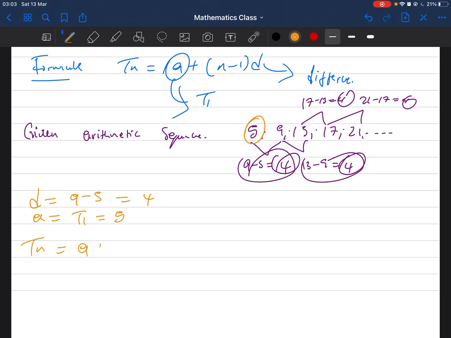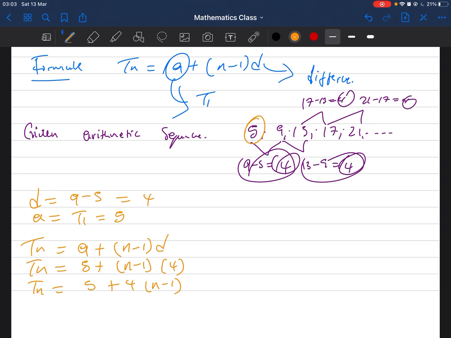Formula is Tn is equal to A plus n minus 1 times D. So Tn, your A is 5, n minus 1, your D is 4. That's it. That's your answer. You can rearrange this to be 5 plus 4 times n minus 1, really still the same thing. That's your answer. Simple as that.